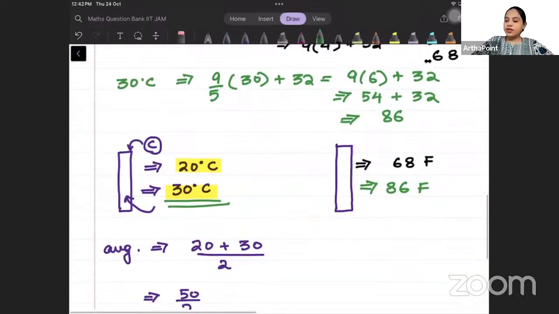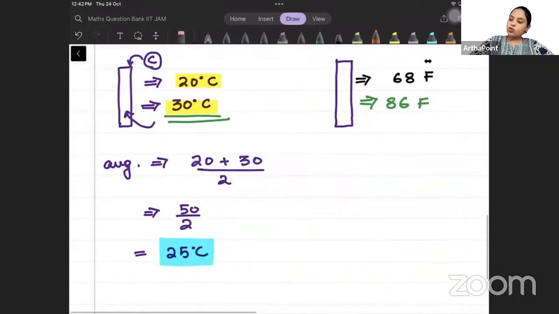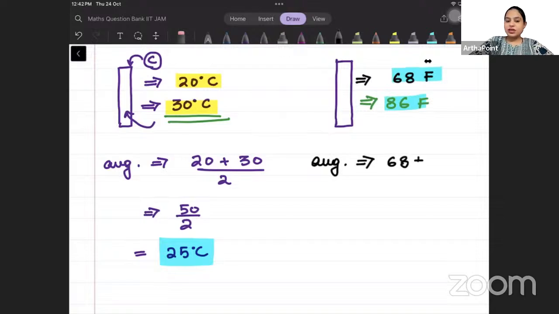Now these are the two observations in this thermometer. I want to see what the average is here. If I find the average, I get 68 plus 86 divided by 2.